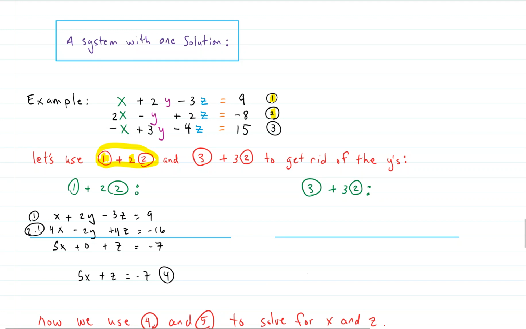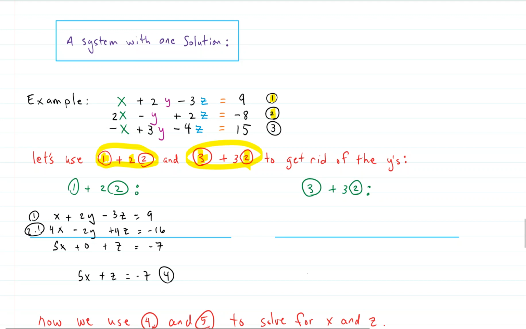So now let's go back and use 2 other equations to see if we can also drop out the y. Why don't we use equation 3 and equation 2? Because if we multiply equation 2 by 3, then we can drop out the y's. So let's use equation 3 plus 3 times equation 2.